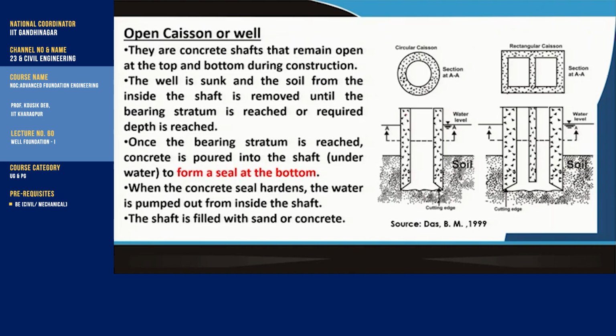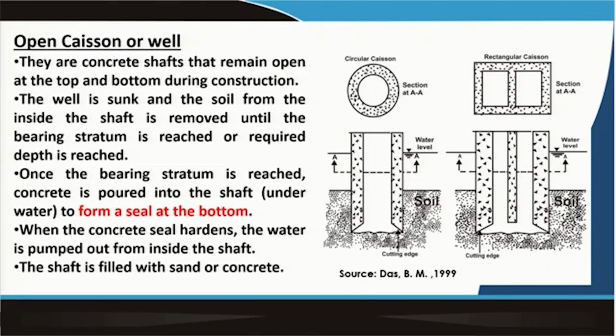That soil we have to continuously remove during the construction or installation process, until it reaches the required depth or a bearing strata. So, this soil inside the shaft is removed.